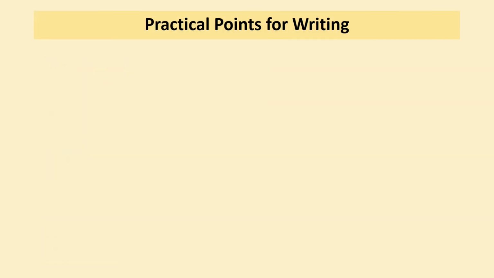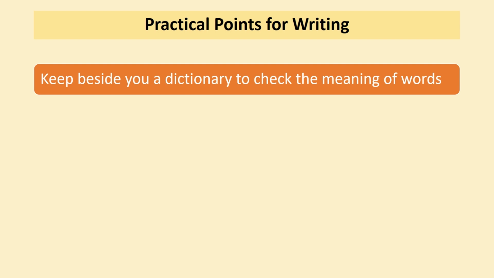Practical points for writing: keep a dictionary beside you to check the meaning of words. We all know, let us discuss it very practically, that we do not know the meaning of everything. A researcher will be a master of his or her own area, maybe a master of some other areas, but may not be a master of all areas.